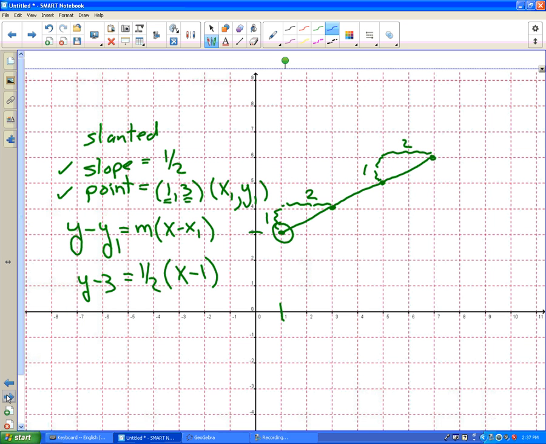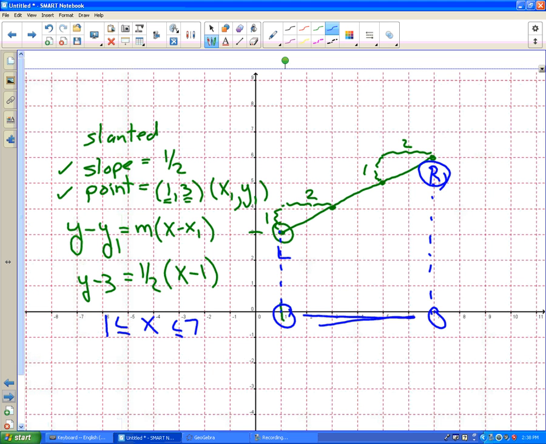Now our domain, again, we go back to the left endpoint and the right endpoint. The left endpoint is above 1. The right endpoint is above, looks like 7. Since we're moving on the x-axis, we put an x in between.